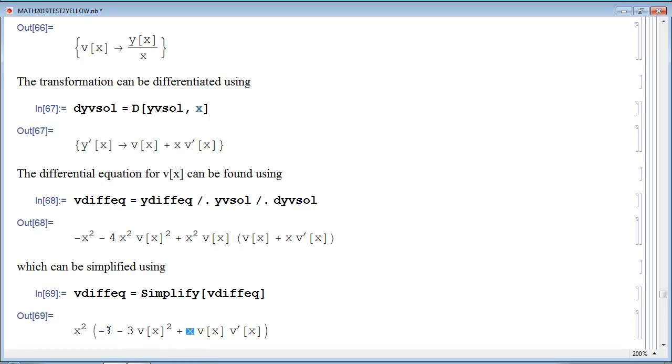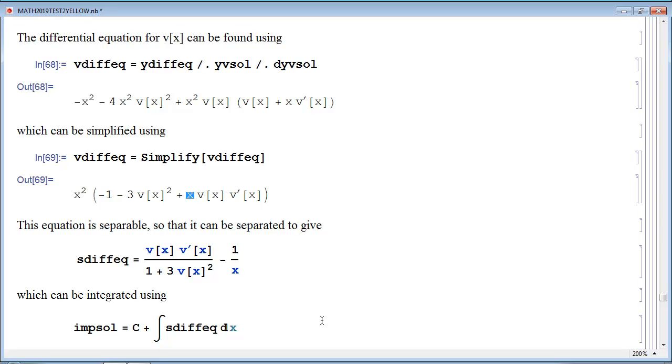So if we divide this equation by this, and then divide the result by x, it becomes separable. And we can do that. The result of doing that is this thing here.